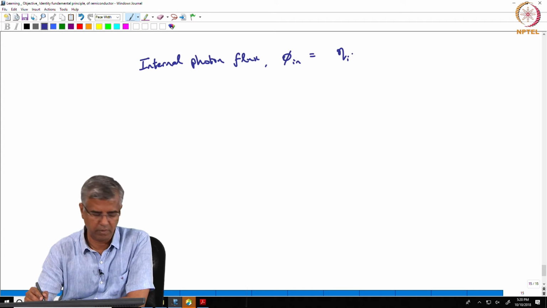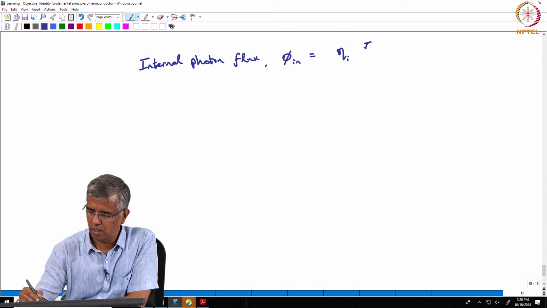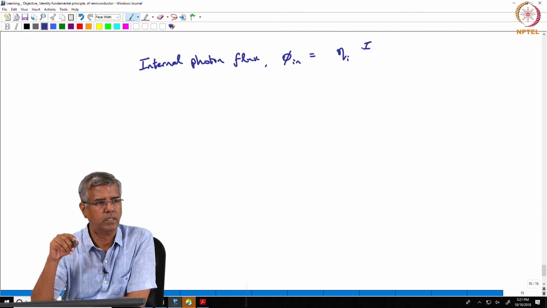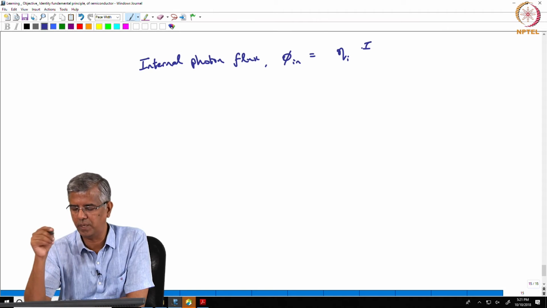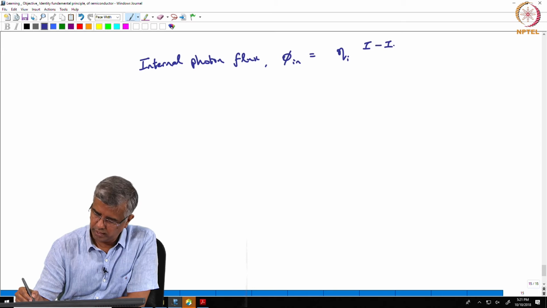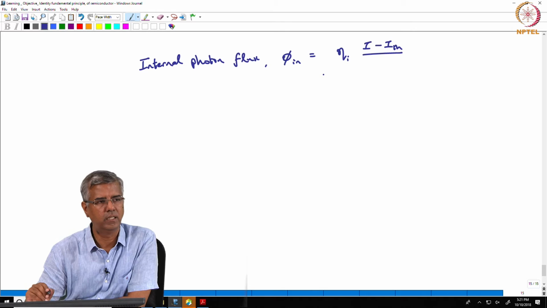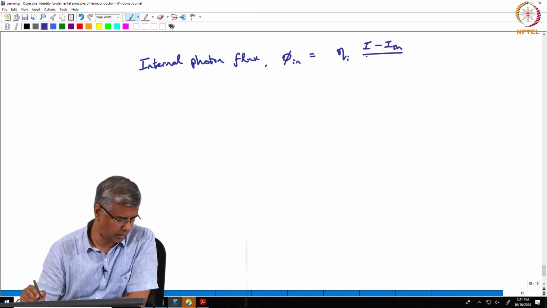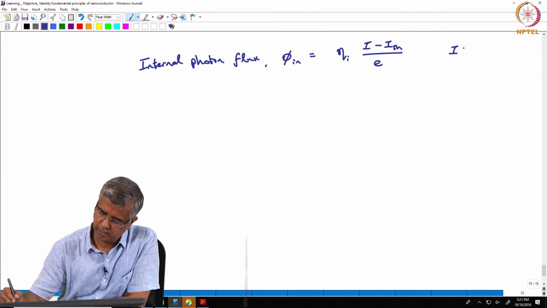It is going to be given by the internal quantum efficiency, which depends on the radiative rate over the total radiative plus non-radiative rate. And then you are going to have emission only for current beyond the threshold current. So, I minus I threshold over E, and that is what you have for I greater than I threshold.